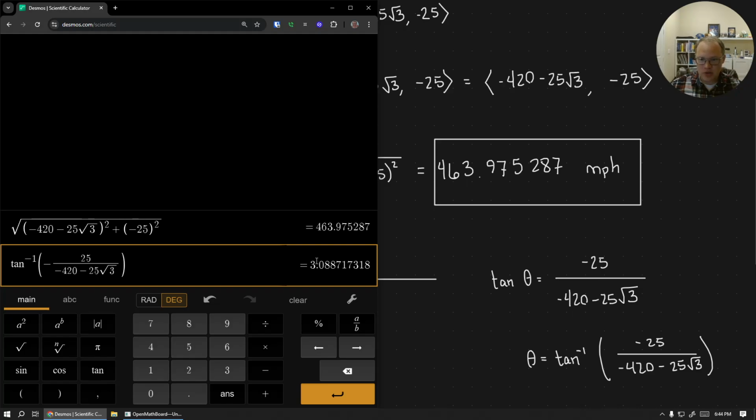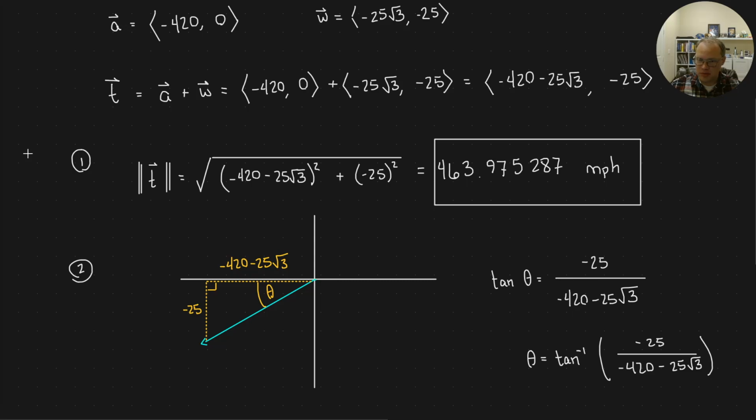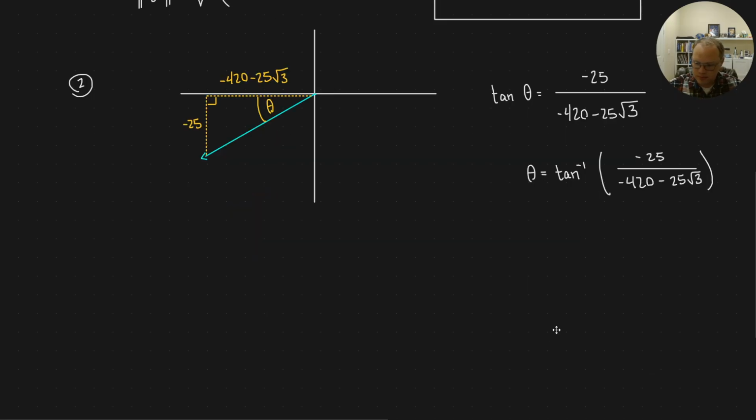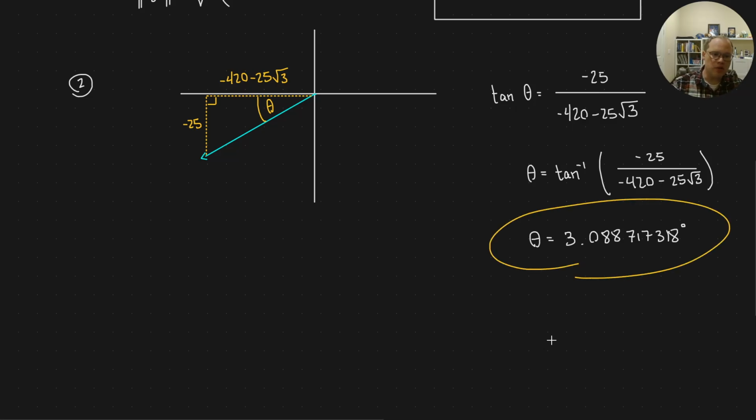We are in degrees, so this should give me a degree value. And so our final answer, that angle, is 3.088717. So theta is 3.088717 degrees.